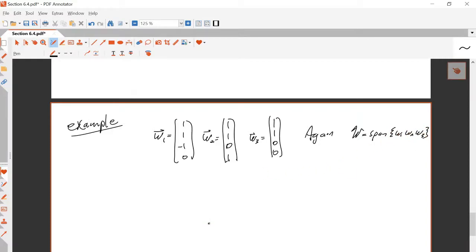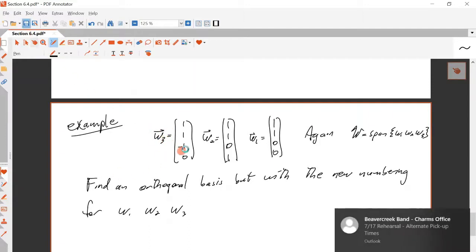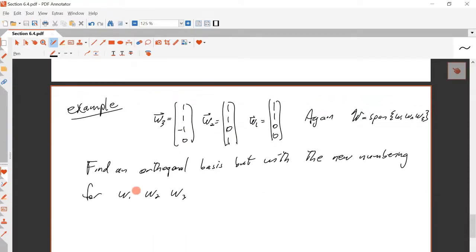Find an orthogonal basis, but with the new numbering shown. Same vectors, but I want to call this one W1, this one will be W3, and we'll leave that one as W2.